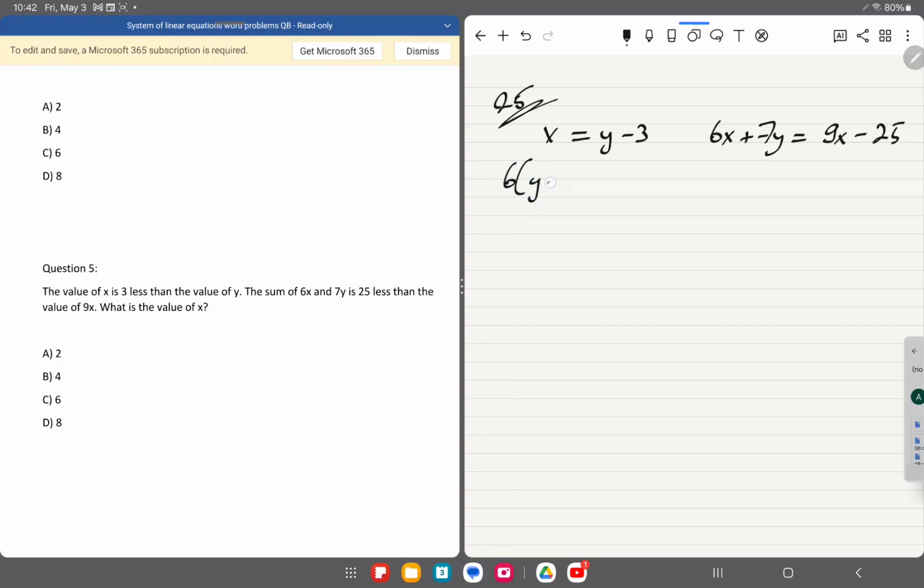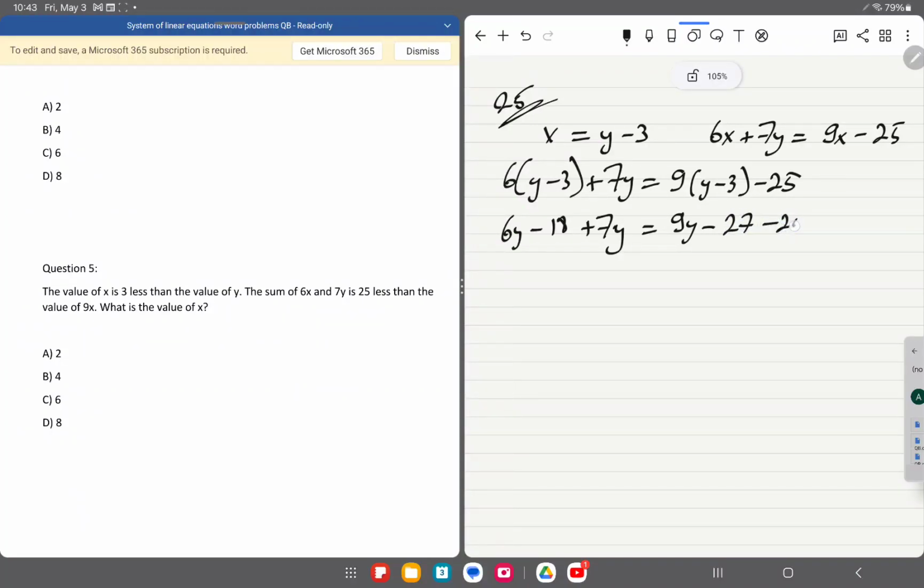So 6 into y minus 3 plus 7y is equals to 9 into y minus 3 minus 25, I didn't substitute this one here. 6y minus 18 plus 7y is equals to 9y minus 27 minus 25.